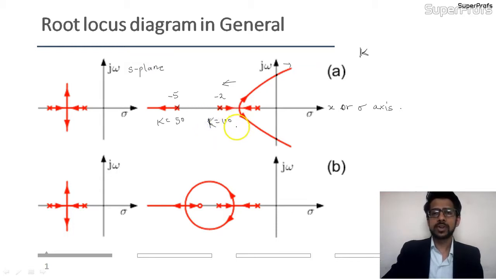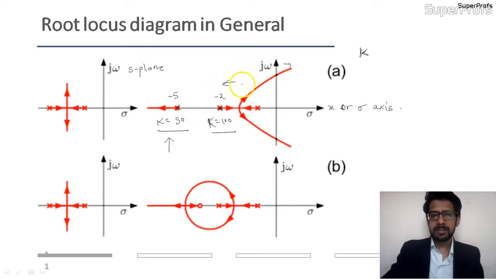The emphasis I am making is that for K equal to 50, if you have the diagram over here, and for K equal to 100 you have a diagram over here, you know that for K equal to 50 the system is more stable than for K equal to 100, because from the j omega axis, this pole is closer than the value s equal to -5. The more the system is away from the j omega axis, the more stable the system is.